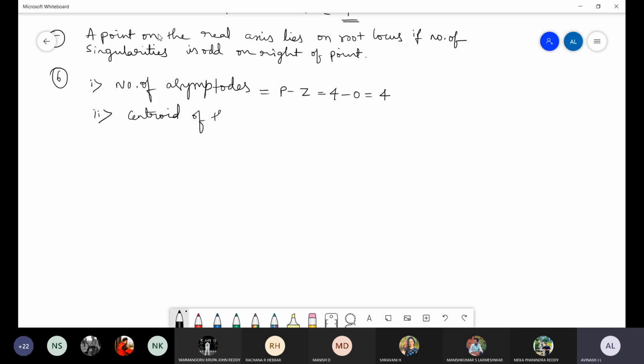When talking about the centroid of the asymptotes, there is a formula.